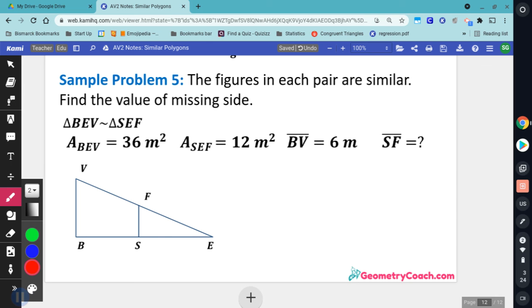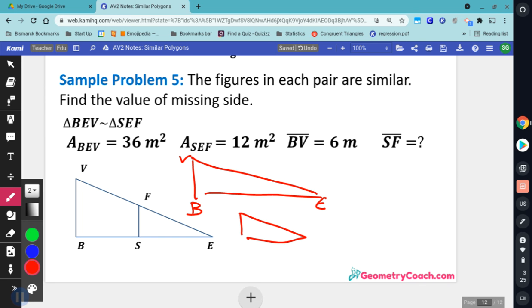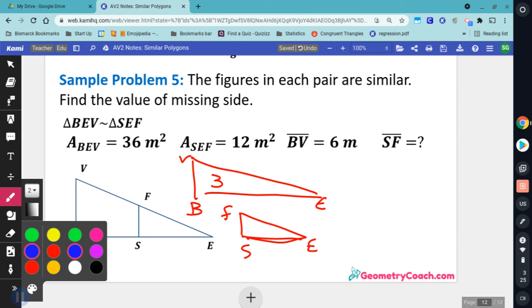Okay, figures in this pair are similar. Find the value of the missing sides. We have two nested triangles. I like to draw these separately. So we've got BEV and SEF. Okay. The area of BEV, changed to blue, is 36.